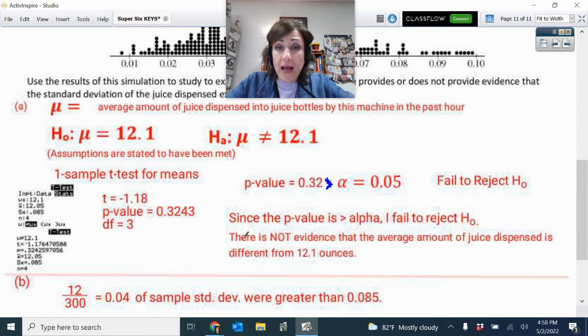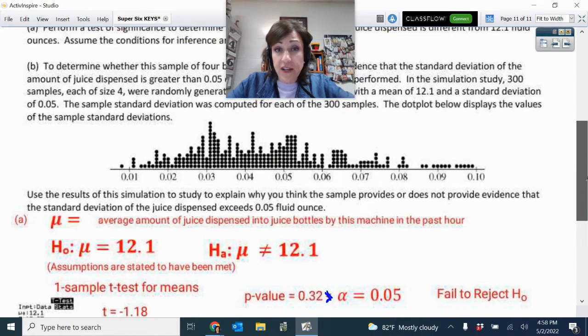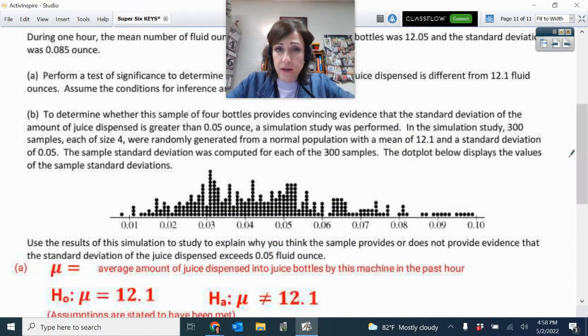And so therefore I do not have evidence of HA. So remember, you're stating what you're doing with HO, and then if you do or do not have evidence of HA.